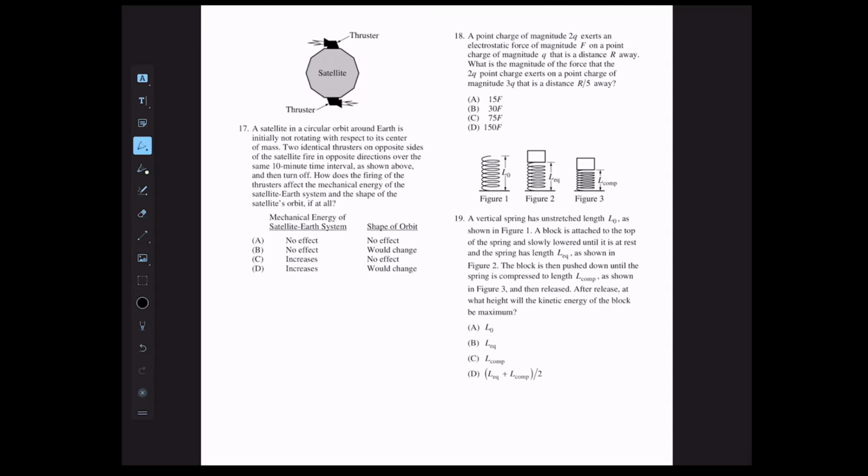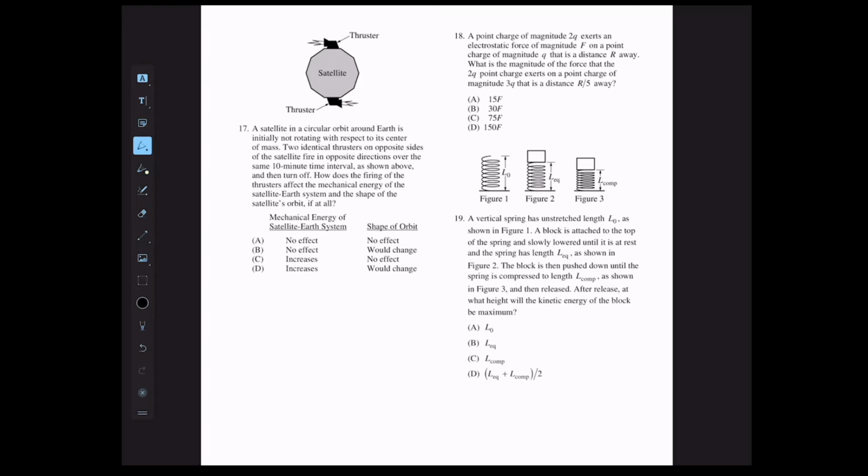A satellite in orbit around Earth is initially not rotating with respect to its center of mass. Two identical thrusters on opposite sides of the satellite fire in opposite directions over the same 10-minute time interval. How does the firing of the thrusters affect the mechanical energy of the satellite-Earth system and the shape of its orbit?